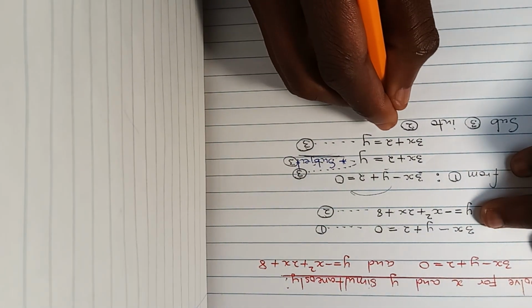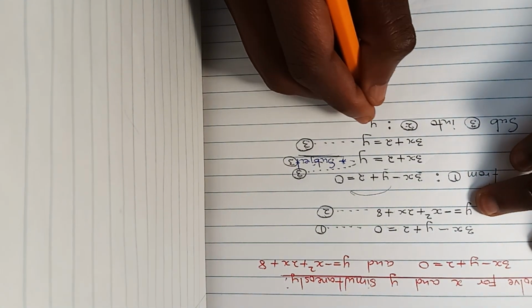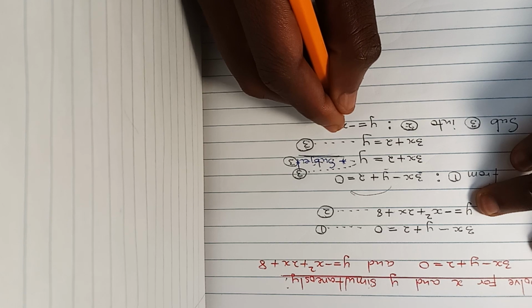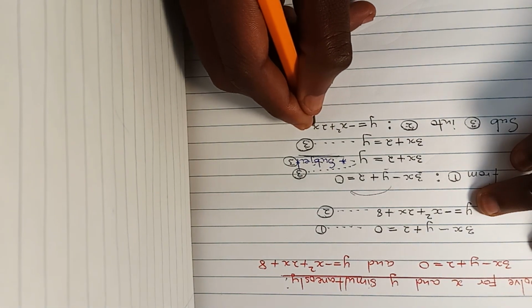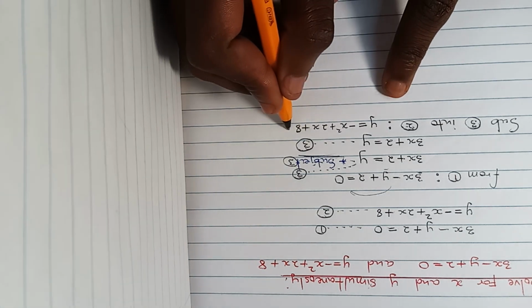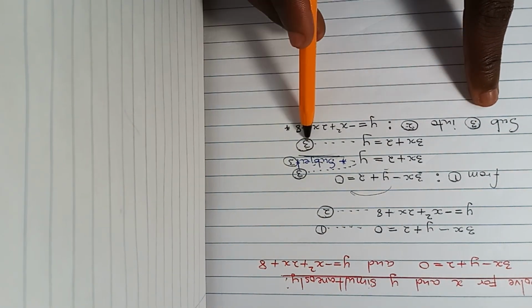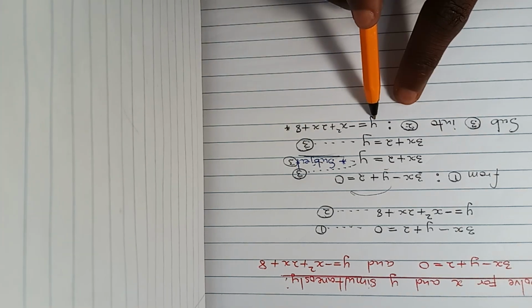And it's important to write down that equation 2. So y will be negative x squared plus 2x plus 8. Remember it said substitute 3 into 2, and here is 2.